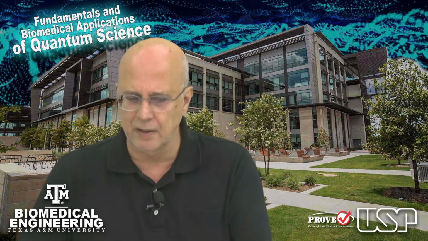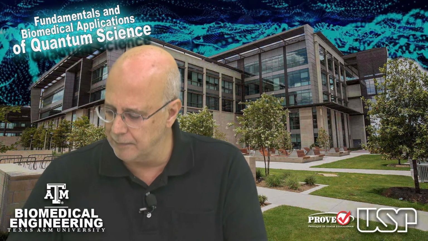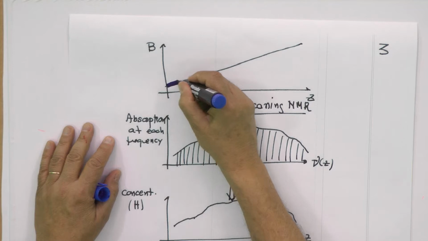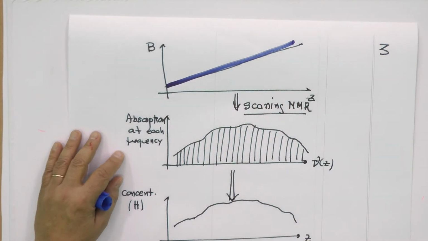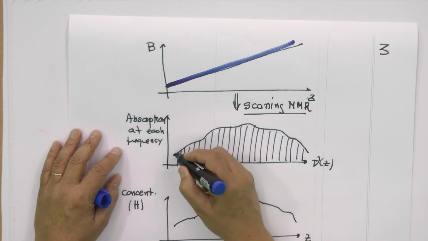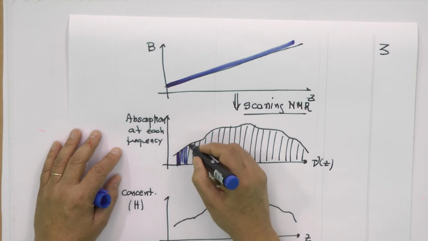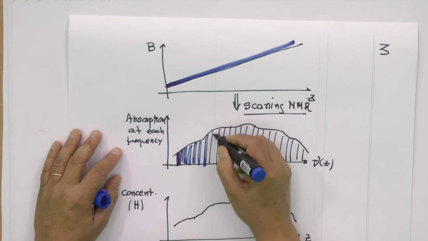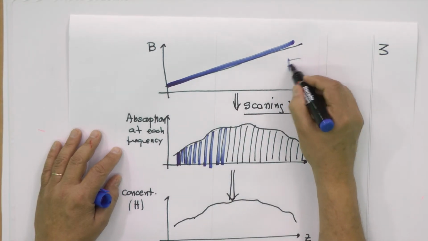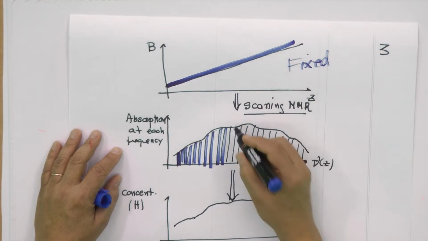Well, to be a little bit more didactic, let me do this in a cartoon, right? So the idea is, I have a B field, which has a gradient, and then I select the different frequencies, and I can map the absorption. So I do slice by slice by moving my frequency. The field is static. This is fixed. I'm not moving it.